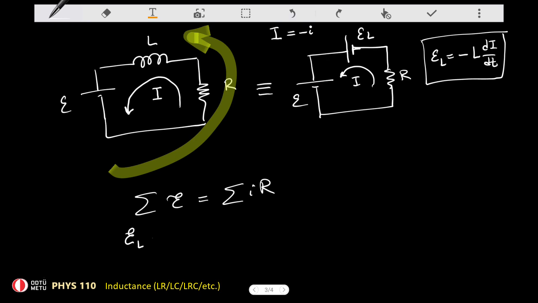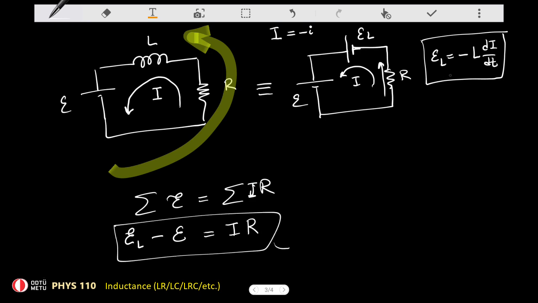So therefore, I need to write down this EMF as minus E. I'm passing over the resistor in the same direction as that current is expressed. So therefore, the potential drop is I times R. So that's also capital R. Doesn't matter actually. In any case, this is our equation, right?